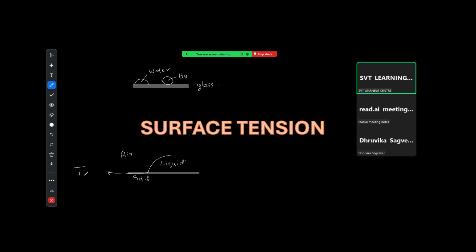This is surface tension between air and solid. Here we have surface tension between air and liquid, and here we have surface tension between liquid and solid. And this angle over here is called angle of contact. We will discuss angle of contact a little later.